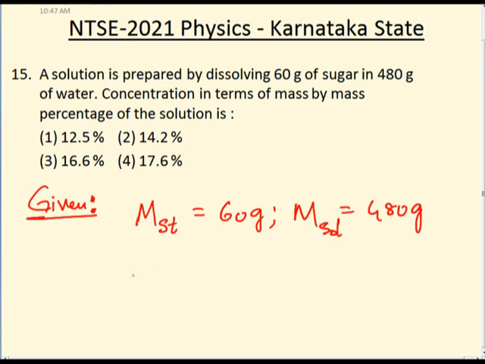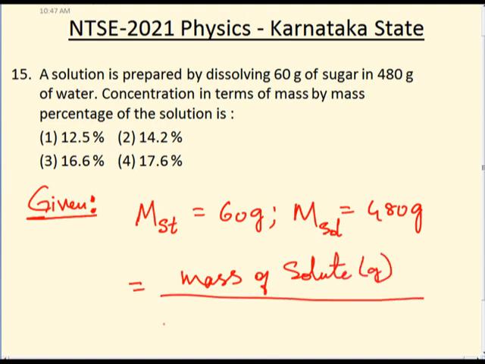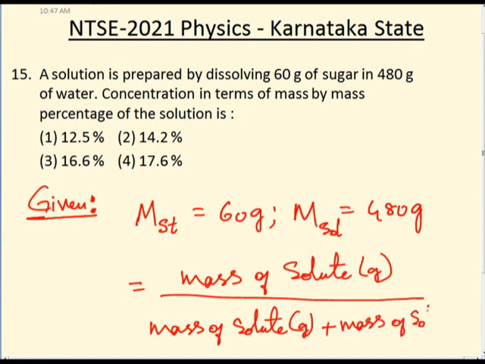Okay. Now, how do you calculate concentration in terms of mass by mass? You have the mass of solute in grams divided by the mass of solute taken in grams plus the mass of solvent, also taken in grams.